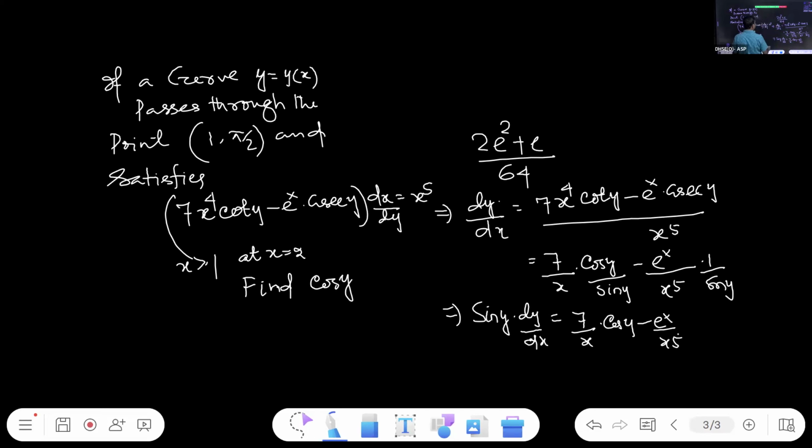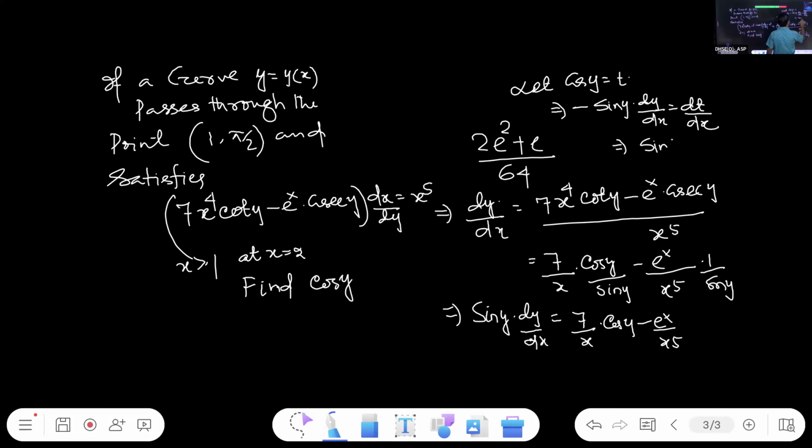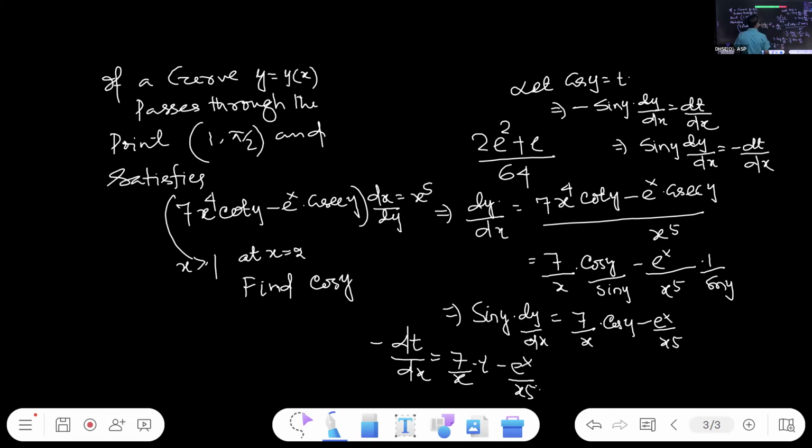Okay, now put cos y is equal to t. Sin y into dy upon dx is equal to minus dt upon dx. Now we can solve the equation. Okay, now proceed.